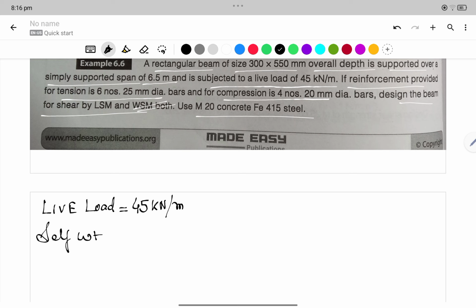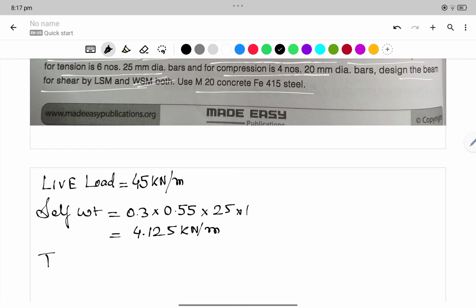Self weight is equal to 0.3 (300 mm converted into meter) into 0.55 into the unit weight of RCC, 25, into 1. If we calculate this, it will come to 4.125 kilonewton per meter.